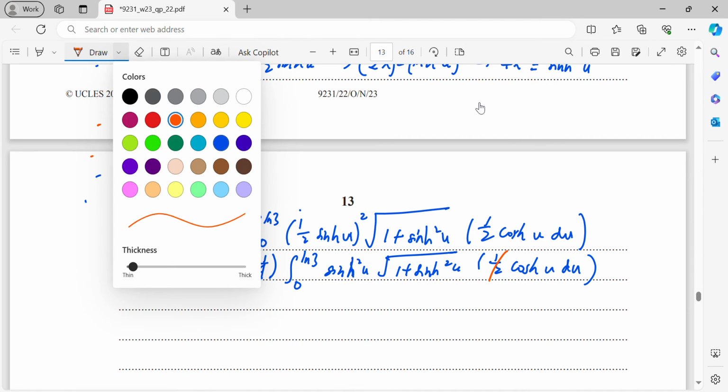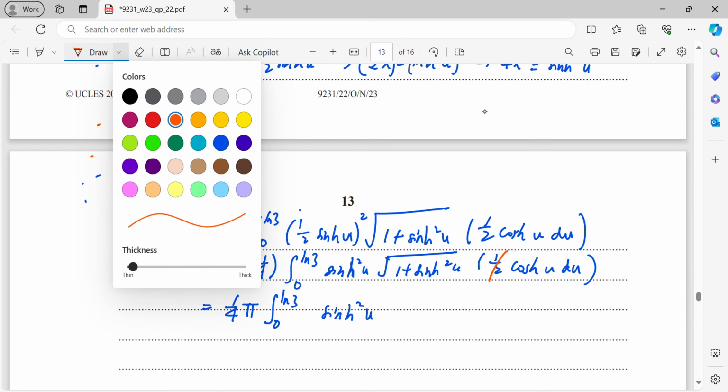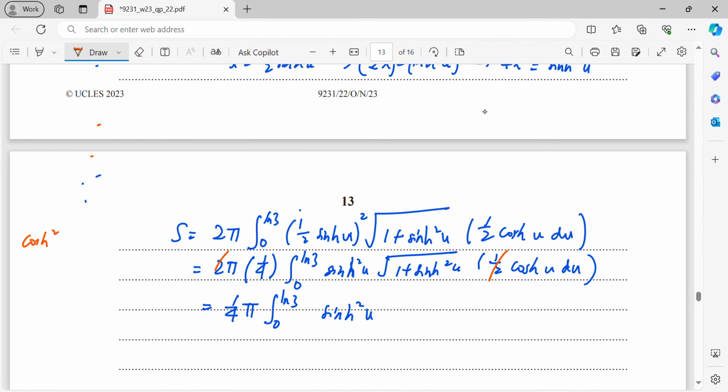Then I will be getting 1 over 4 pi integrate 0 to ln 3. So the cos square, this is sine squared u. Now for your information, we have the identity cos square a minus sine square a is 1. So move this to the other side, cos square a is 1 plus sine square a.